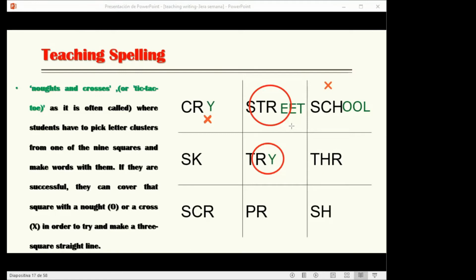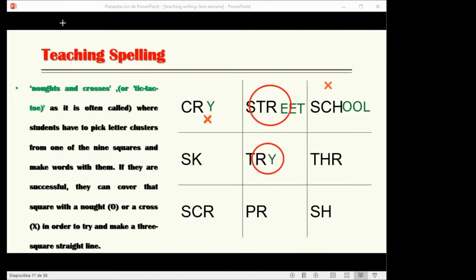Oh, teacher, he didn't write thought carefully. He loses his turn, and the other student starts. You start in the middle or diagonally, as you want, in order to win. Notice you're practicing the spelling, how to write the words.